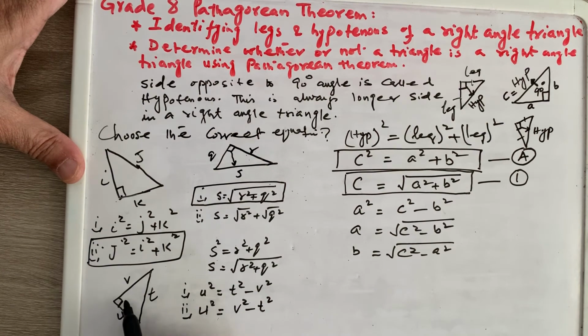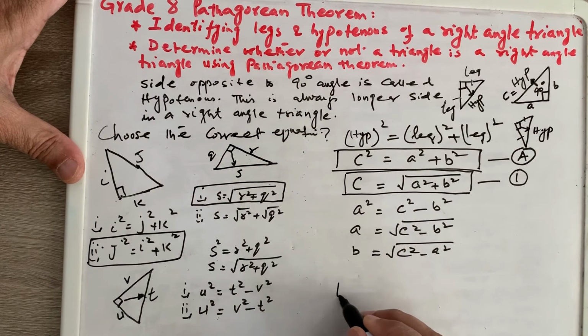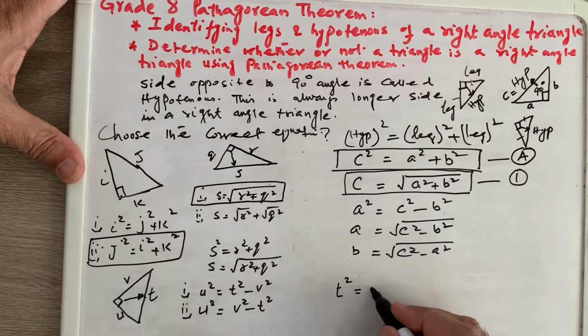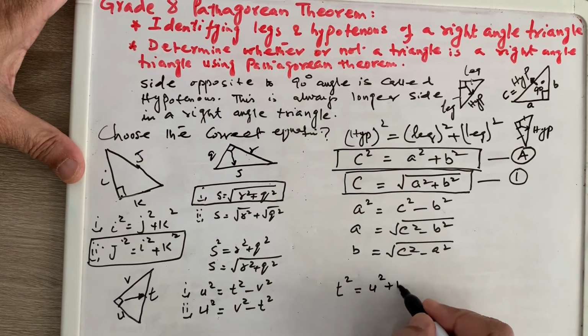So you can see that the longer side is this. That means the square of this should be equal to the sum of these two, right? So with my knowledge of the Pythagorean theorem, T square is equal to U square plus V square.